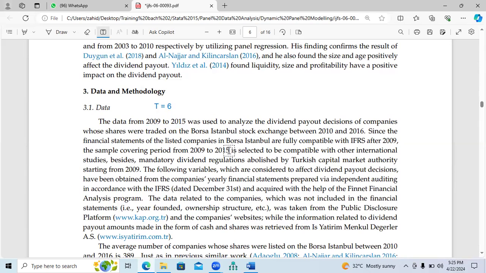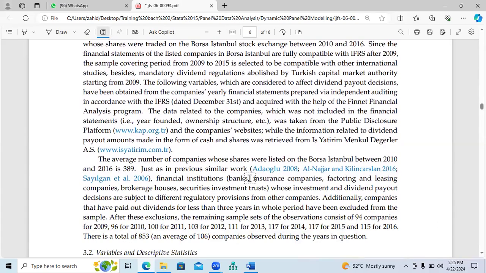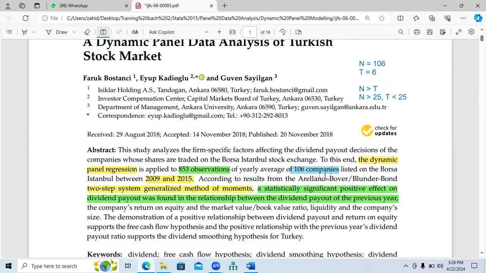Another thing is that they have considered the number of companies greater than 25. This 853 is the number of observations. They have mentioned here 106 companies. So basically, n is equal to 106, which is greater than 25.